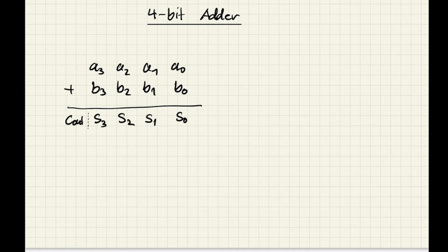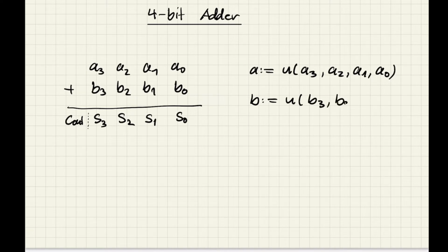And for the more formal mathematical description, I introduced this notation, which I can use to say that the bit pattern with bits A3, A2, A1, A0 gets identified with the unsigned integer A. Similarly, I can now say with what integer we identify the bit pattern with B3, B2, B1, B0, and S gets identified with this unsigned integer that we get from using here S3, S2, S1, S0.